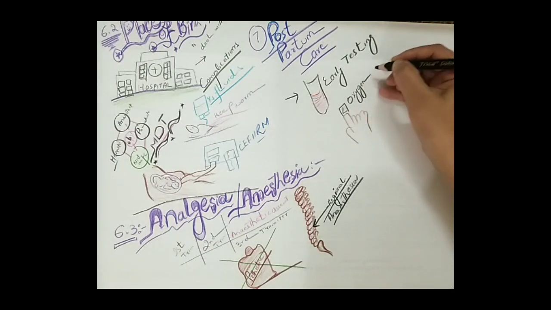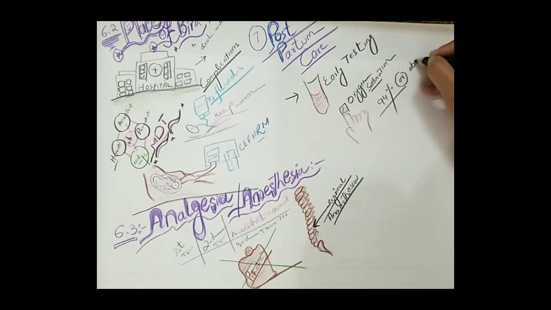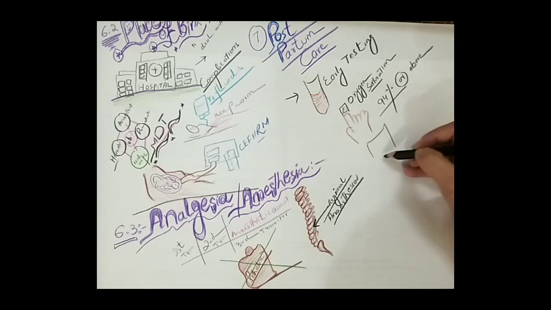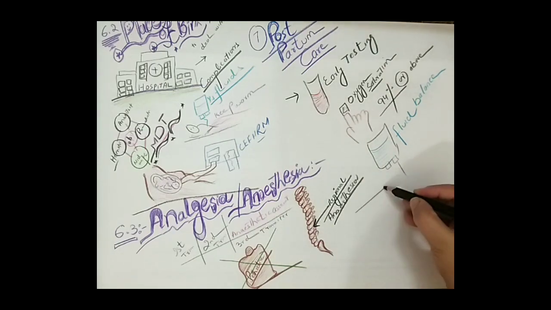Okay, now I'm drawing the picture of pulse oximeter because we have to maintain oxygen saturation above 94% and adequate hydration based on the fluid balance until discharge. We have not discharged the woman, so we have to keep her oxygen saturation record. We have to keep her fluid balance record till we discharge the patient when she becomes stable. So for baby, we do early testing, and for mother, we do proper monitoring of each and everything.